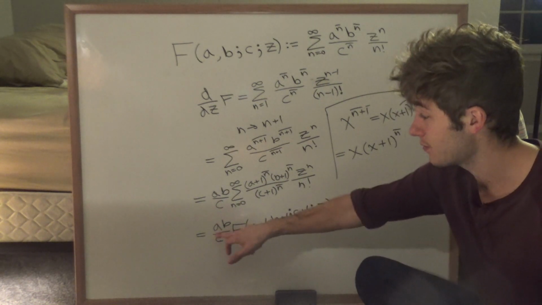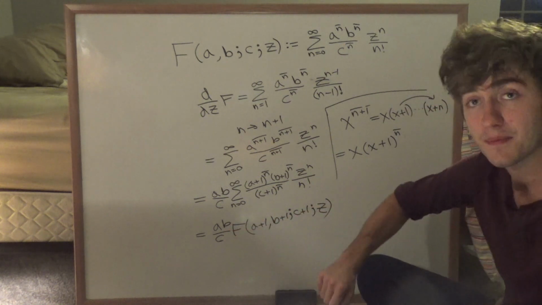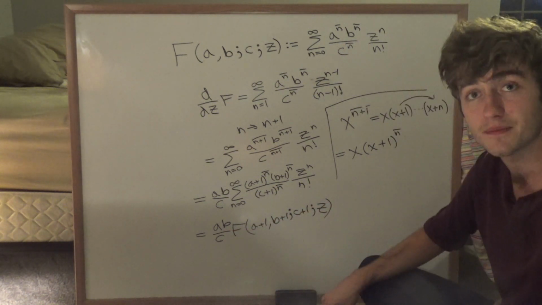And then on the outside we would have a times a plus 1, b times b plus 1, divided by c times c plus 1.